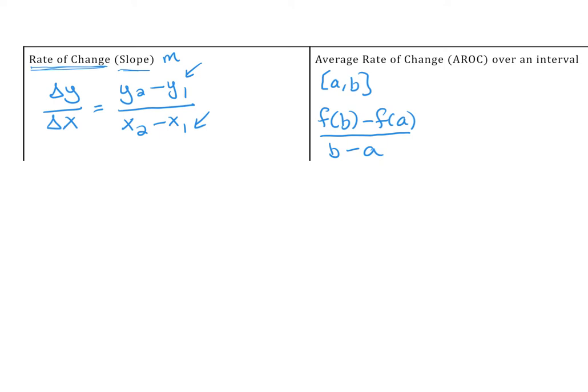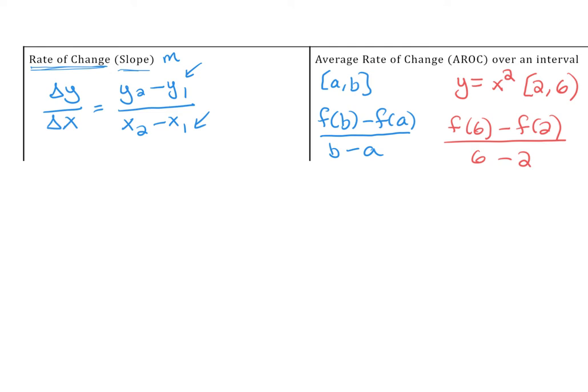So let's do this for the function. We'll just do something simple. y equals x squared. Let's find the average rate of change on the interval 2 to 6. So I need to do f of 6 minus f of 2 all over 6 minus 2.